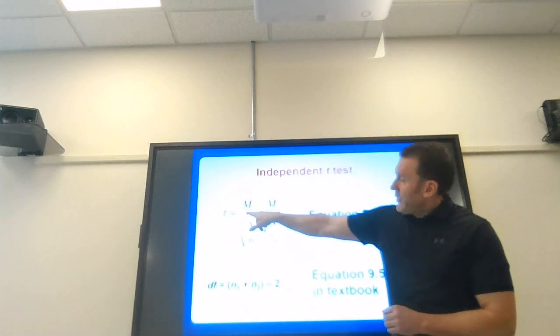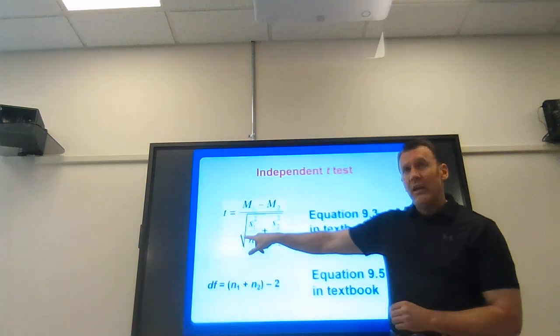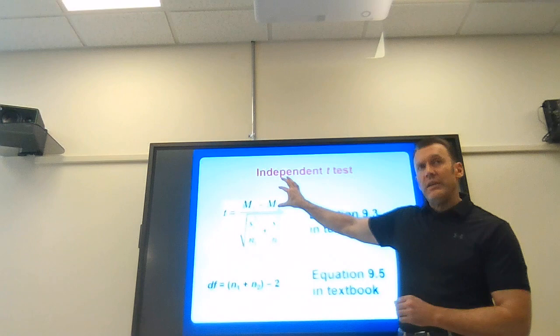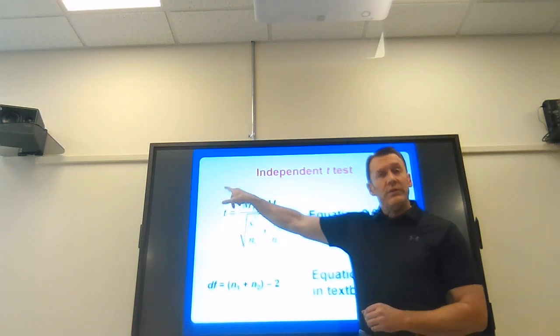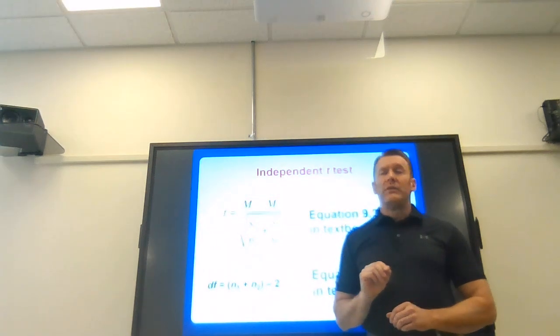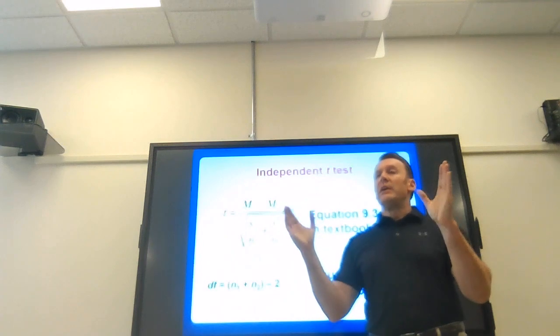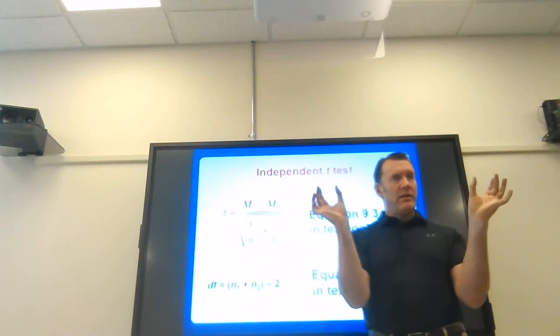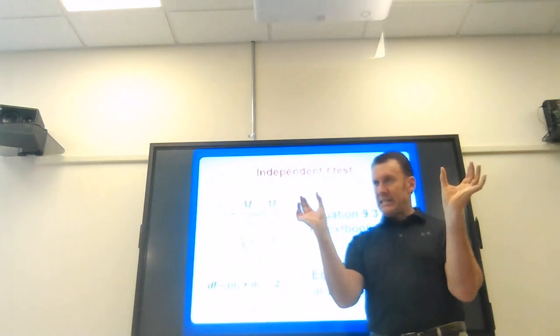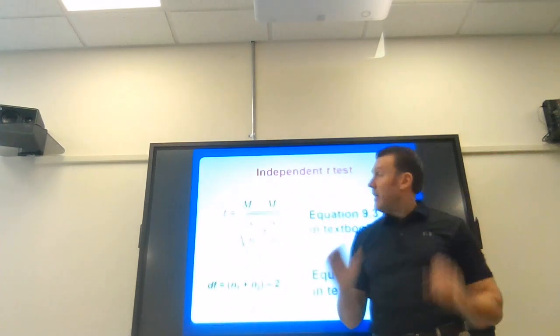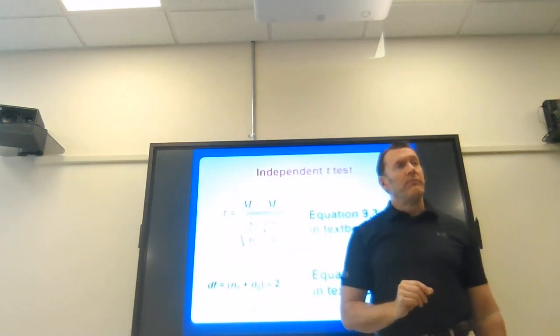So as the variability goes down and you have a large difference between means, the t-score is going to go up. So a large difference between means and very tight standard deviations around each mean is what we need to get a good t-score.